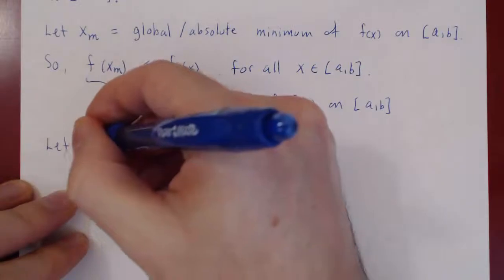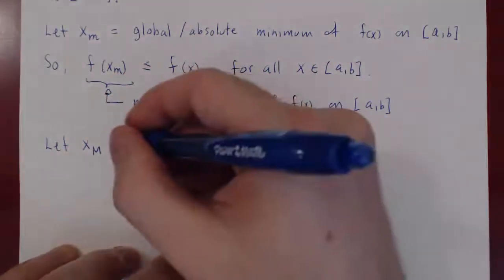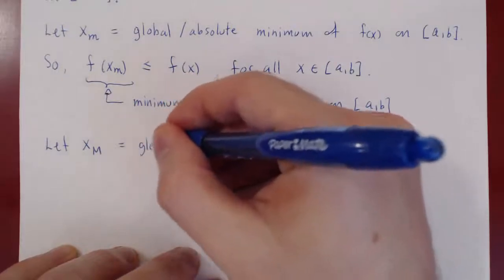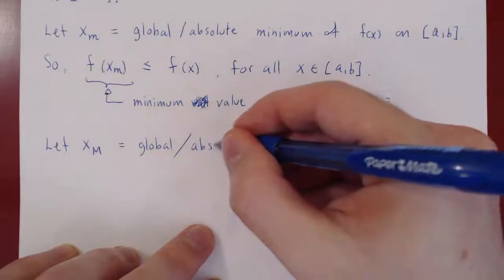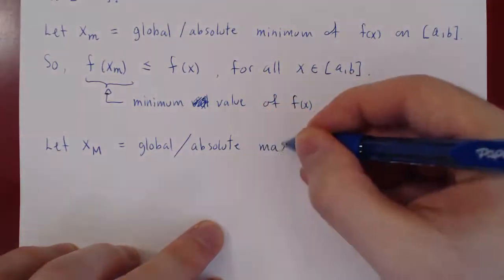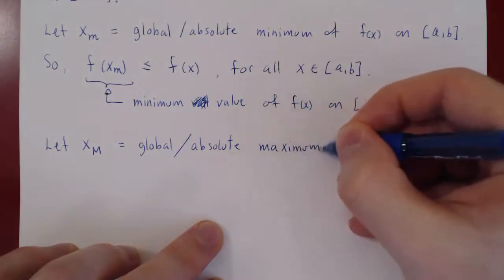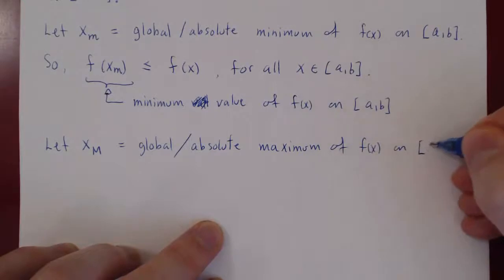So we let x subscript uppercase m now for the maximum. This is the global slash absolute, they are synonyms, maximum of the function f of x on the interval from a to b.